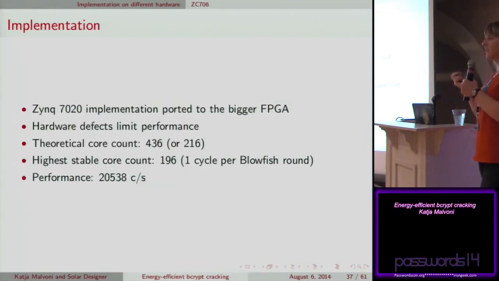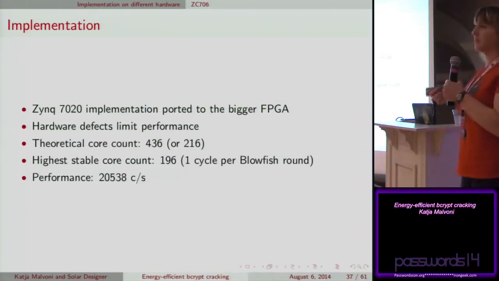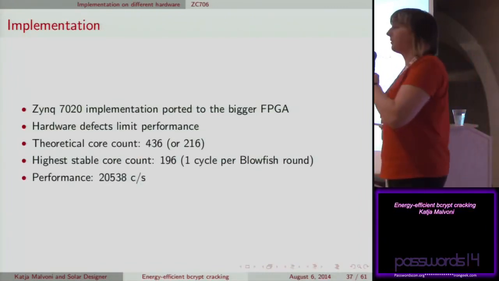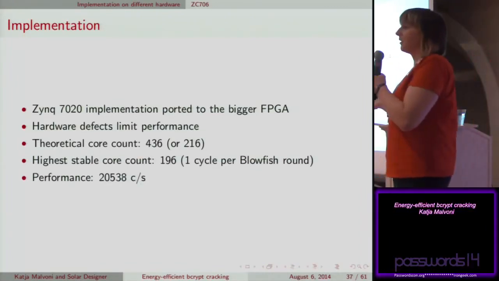Unfortunately, this board comes with almost the same hardware defects, so it's not possible to achieve expected performance. We have a theoretical core count of 436 cores, or if we use that approach with 10 VRAMs, then 216. The highest stable count that we were able to achieve is 196, and really nice performance of 12,000 cracks per second on cost 5.